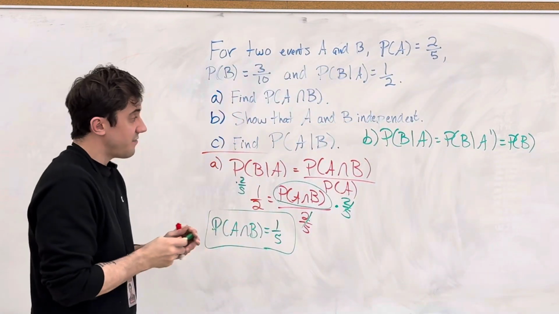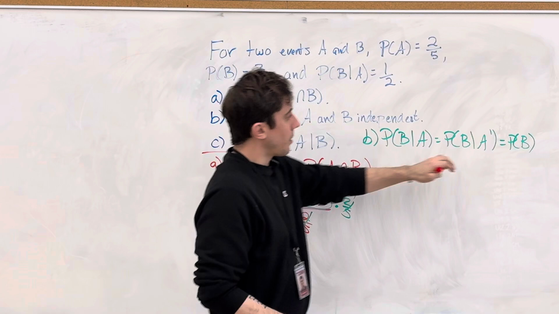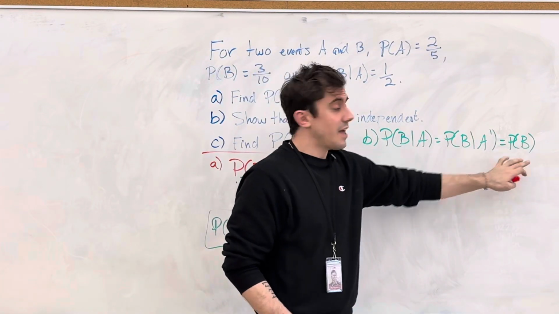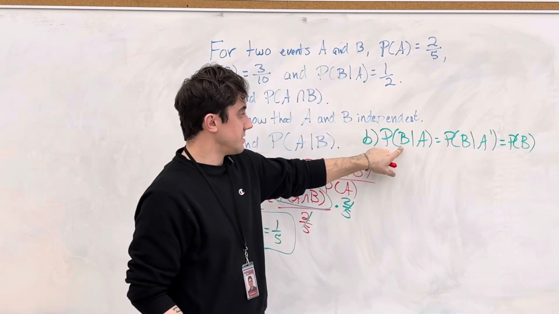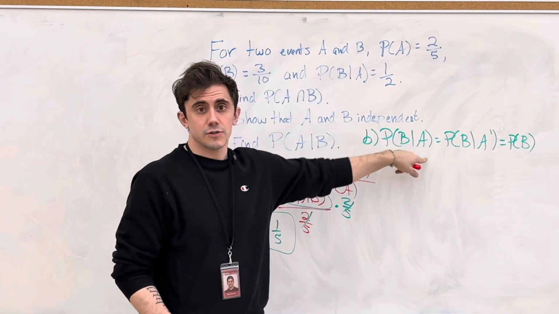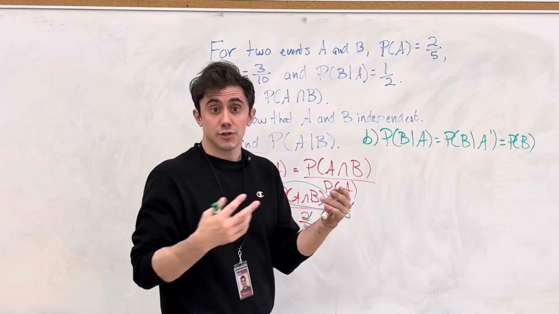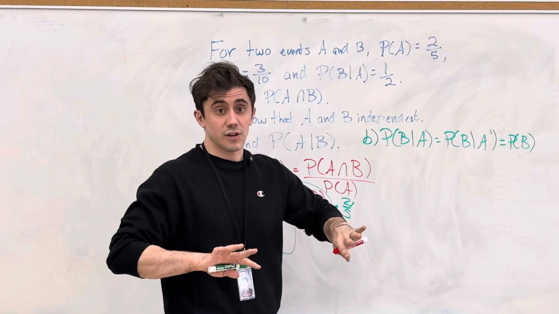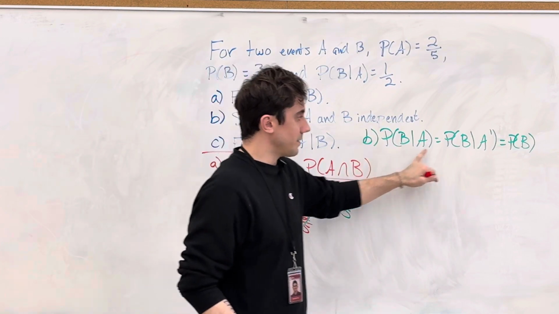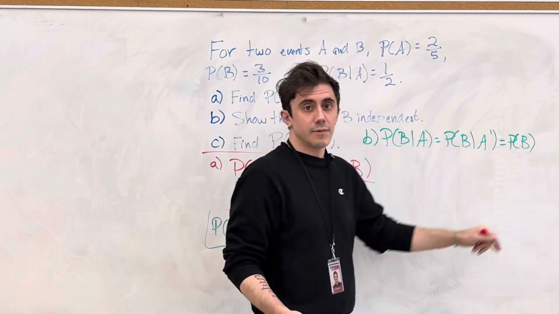Because if A and B are independent, the probability that B happens and the probability that B happens given that A happened should be the exact same, right? The fact that A happened, if they're truly independent and have no effect on one another, these two probabilities should be one and the same, right?